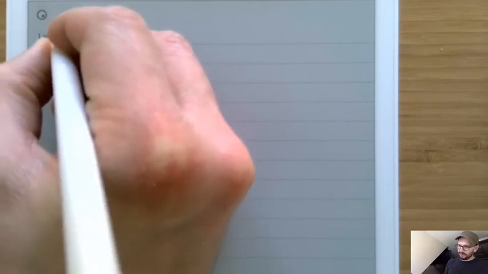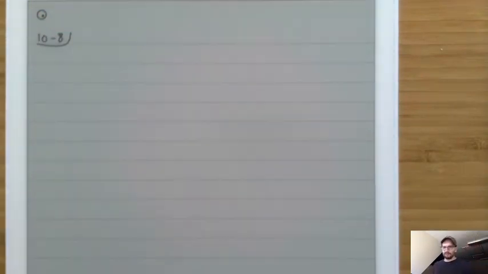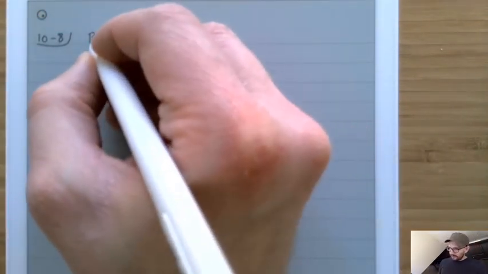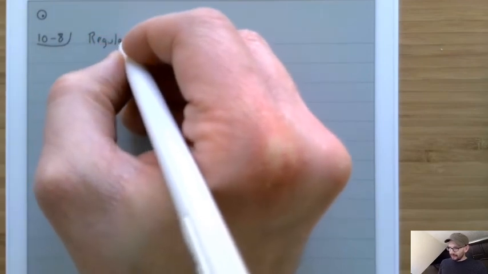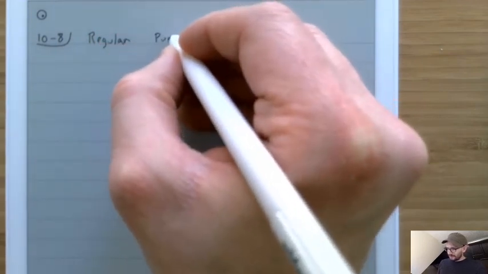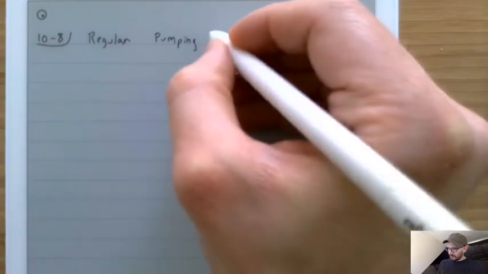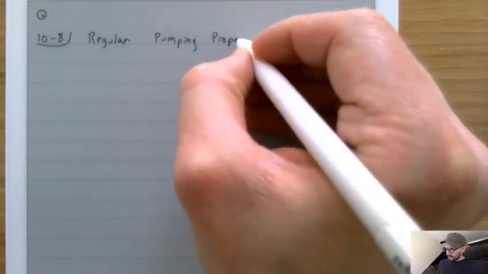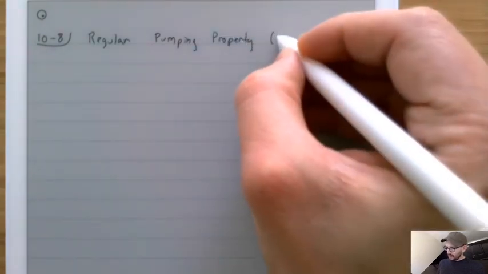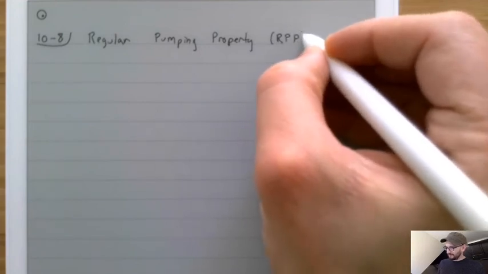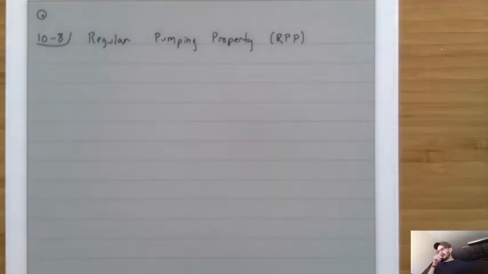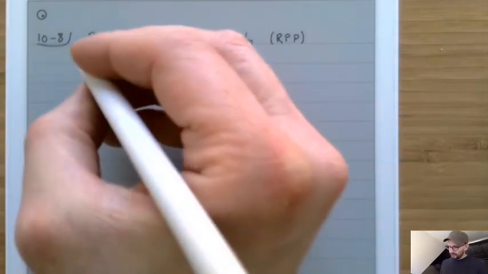Now let's write it down formally. So we'll write down the formal definition of the regular pumping property, or RPP. An RPP is a property that applies to some language.